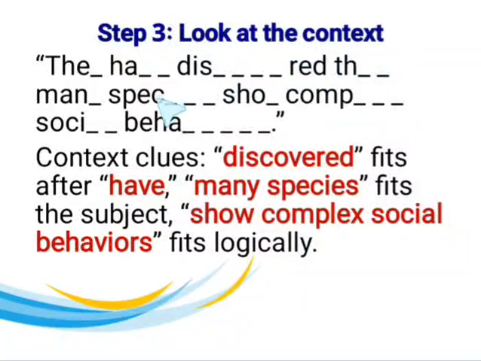The next step is what? Look at the context. Look, the word discover can help you understand that many species is a good phrase to be built here. And the word have can help you understand that discover is a verb, and the word discover itself helps you understand that have is also there because this is a present perfect tense.